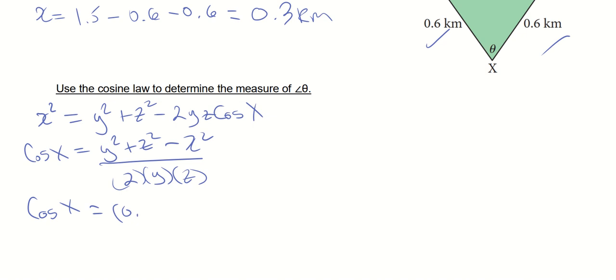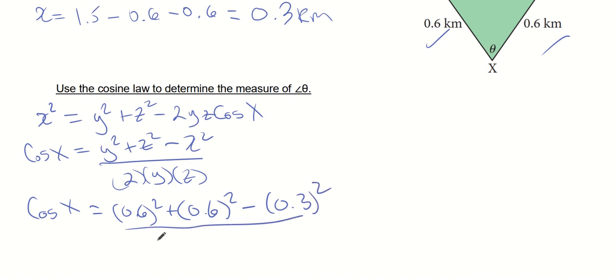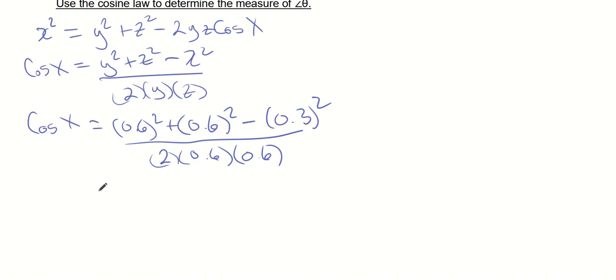So cos X equals bracket 0.6 squared plus 0.6 squared minus 0.3 squared, the whole thing divided by 2 times 0.6 times 0.6. You drop that into the calculator and you get cos X equals 0.875.